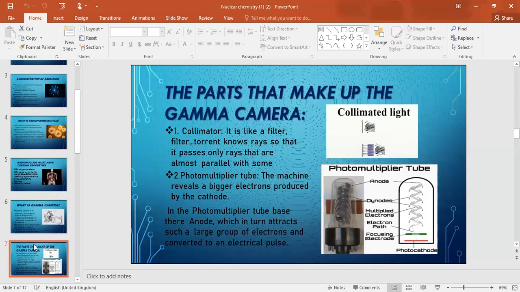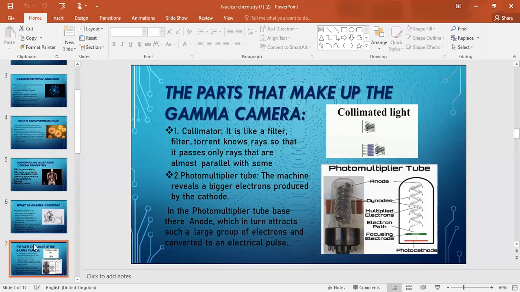Parts of the gamma camera. The first one is the collimator. It is like a filter that lets through only rays that are almost parallel with each other. Photomultiplier tube: the machine releases a bigger electron flow produced by the cathode.